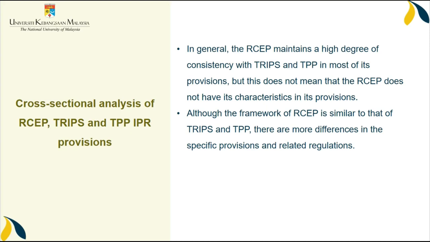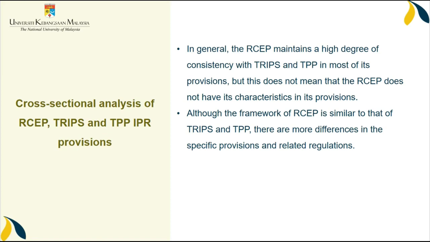In terms of enforcement and procedure, it addresses the issue of domain names in the anti-unfair competition regime and the enforcement of digital property rights in intellectual property. As the above shows, the framework of RCEP is similar to that of TRIPS and TPP.